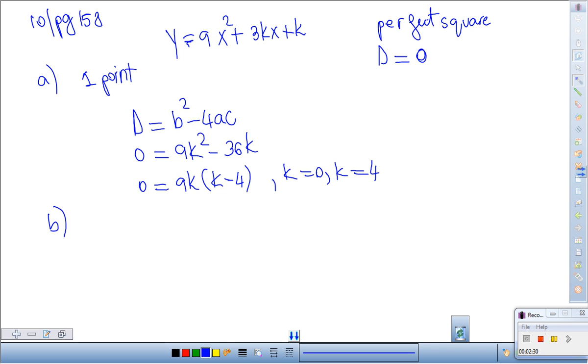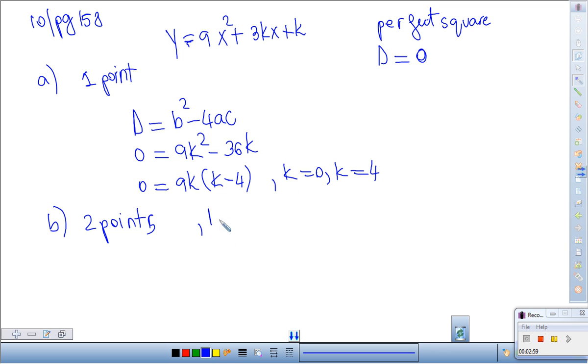For the second one, we need to find all the k values such that the function's graph intersects the x-axis in 2 points. So the function has 2 x-intercepts. Thinking of the discriminant, how does it have to be in order for my function to have 2 x-intercepts or 2 roots?